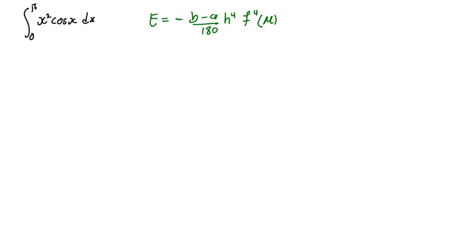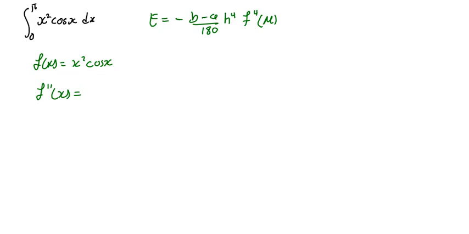So our f of x is given as x squared cos x. So our f prime of x, which is just the first derivative, is a product of two functions, so you just use the product rule.